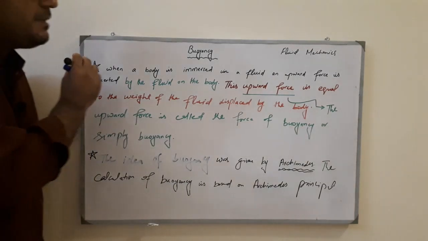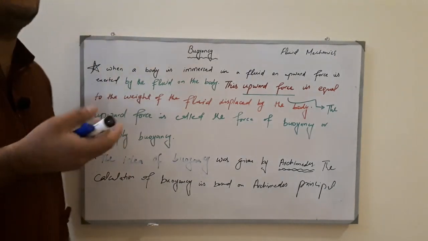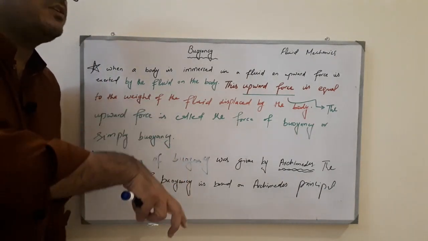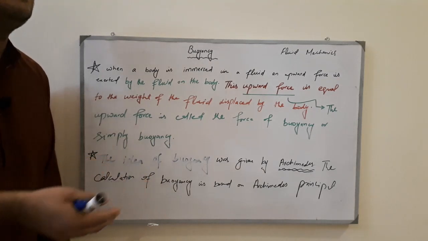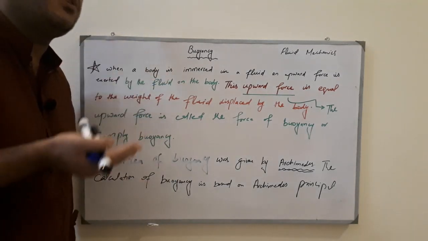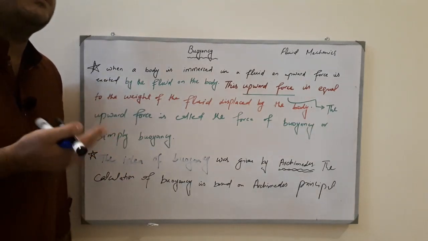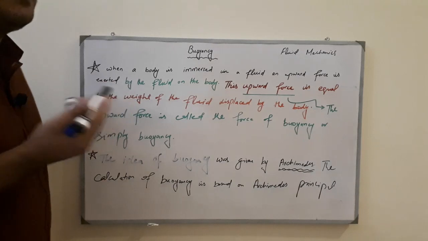When a body is immersed in a fluid, like when you try to dip any object in water, sometimes you will see that an upward force is being applied by the fluid on the body. That upward force is called the buoyant force, or simply the buoyancy.